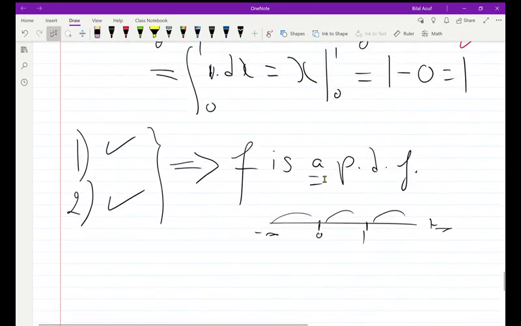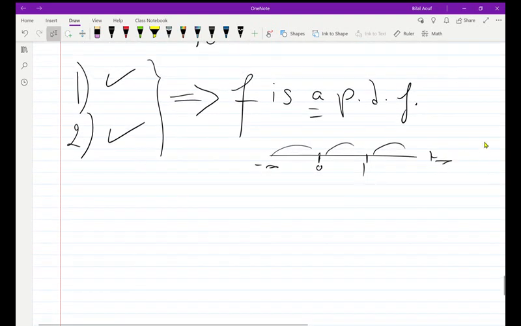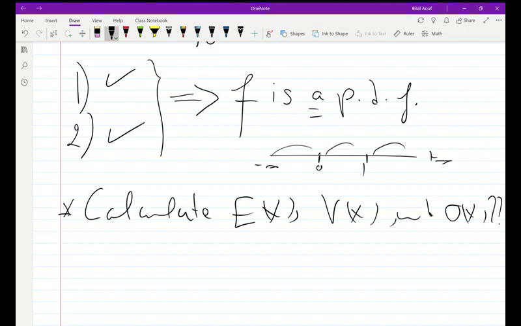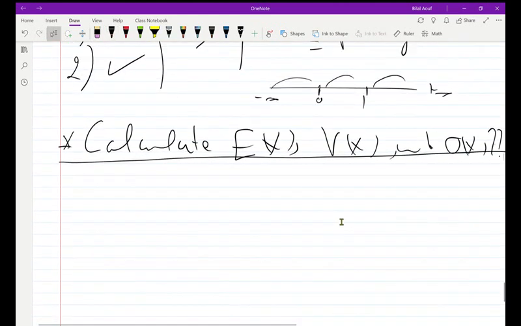Now I will show you how I can also calculate the parameters that I can ask you for. For example, calculate E of X, V of X, and sigma X. I follow the same approach followed before in integration.